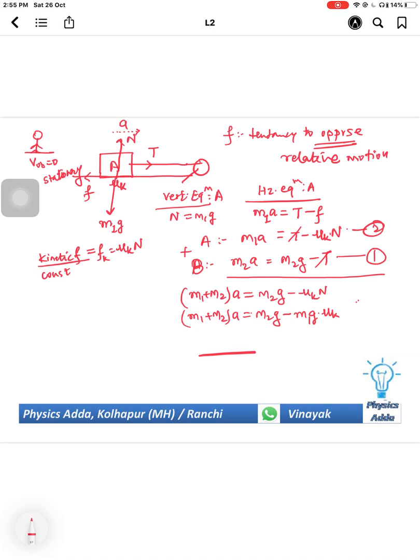So finally, if I take g outside, I get (m2 minus m1 mu k) g, and taking m1 plus m2 to the denominator, a becomes g into (m2 minus m1 mu k) divided by (m1 plus m2). This is equation number 3.